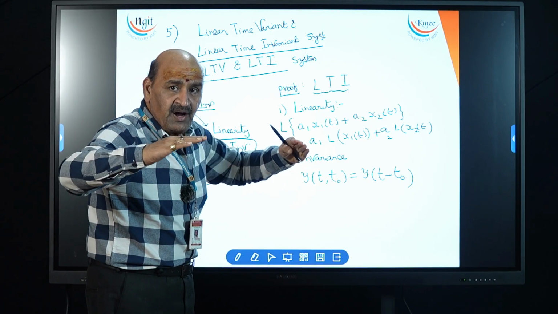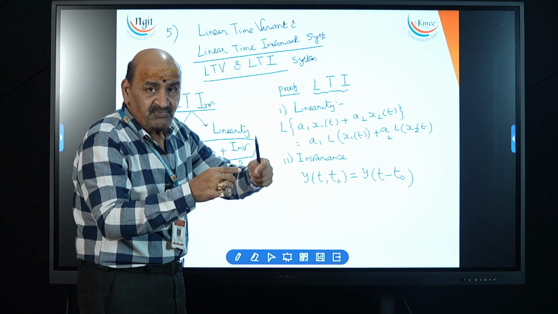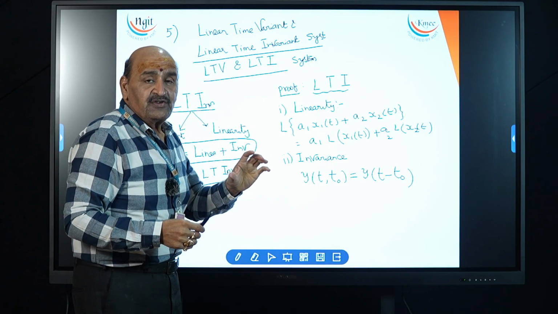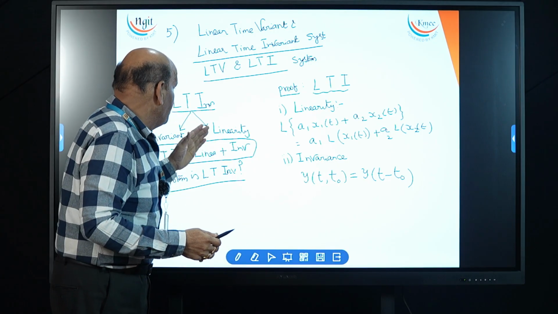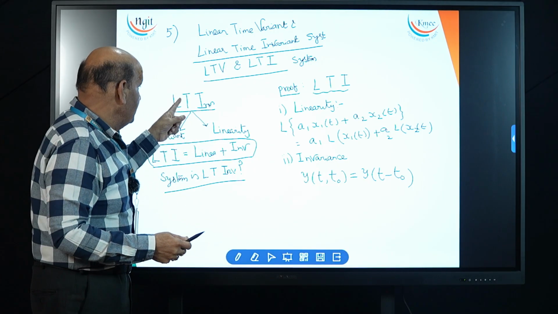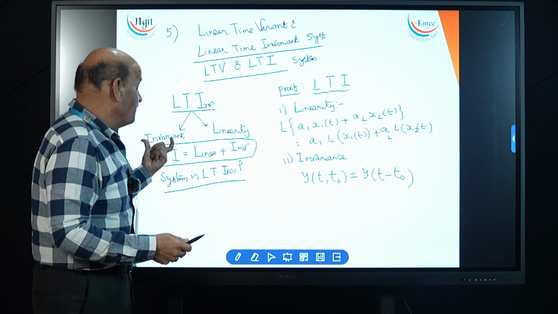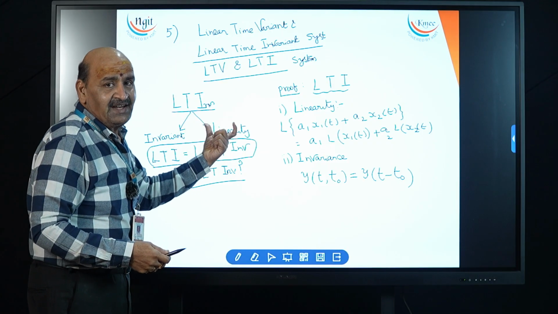Now these two concepts are combined together and made into a single system. That system is called linear time invariant. So students have to first divide the concepts, analyze the given concept. Upon analyzing, two important points we are going to get: one is called invariance property, another one is called linearity property.